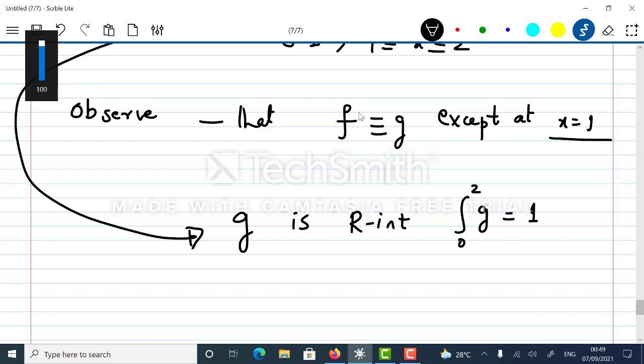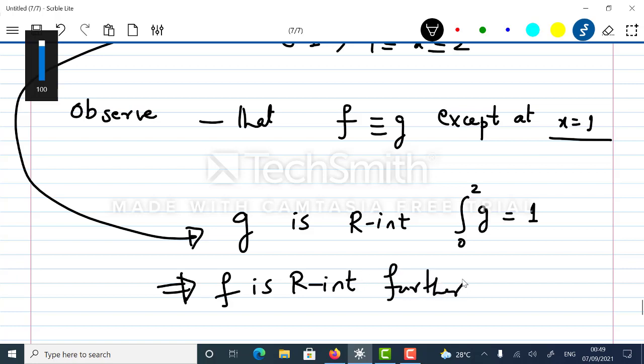So if two functions are identically the same and they differ at finitely many points, or at a few points, then both functions are R integrable. This is one of the properties which we have proved. So this would imply f is R integrable, and the integral from 0 to 2 of f is the same as the integral from 0 to 2 of g, which is equal to 1.